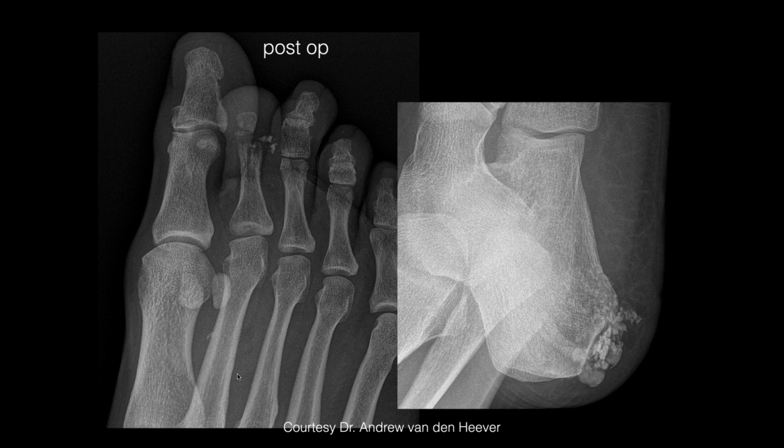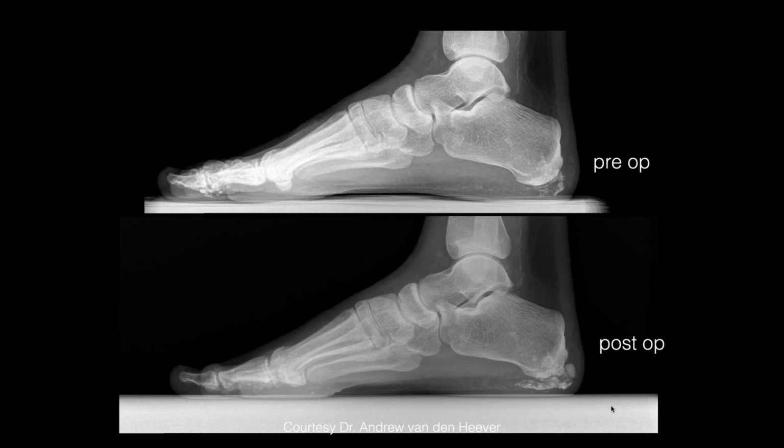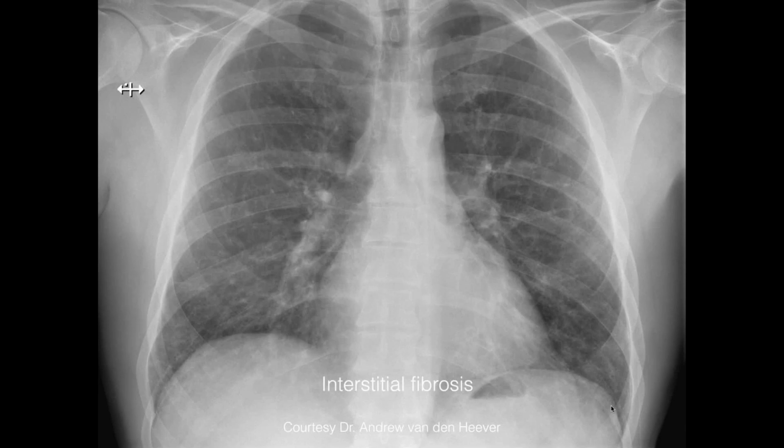There is a little bit of calcification there too. There's a little bit of dislocation. And here we're looking at the soft tissue calcification also near the calcaneus, posterior heel, right there. Pre and post-op, the soft tissue calcification at the second digit has definitely improved. There's more calcification at the heel on the post-op film.